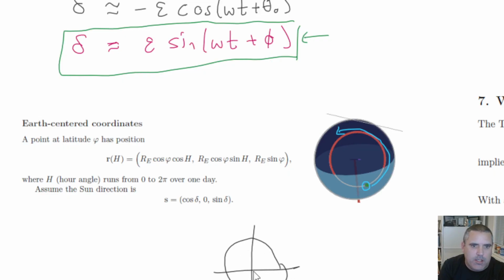And so that's where we use the fact that we have our phi, which tells us where Seattle is relative to the equator. And from that, we can write the radius times cosine of phi, the radius times sine of phi. Sorry, I wrote that too small, 0.